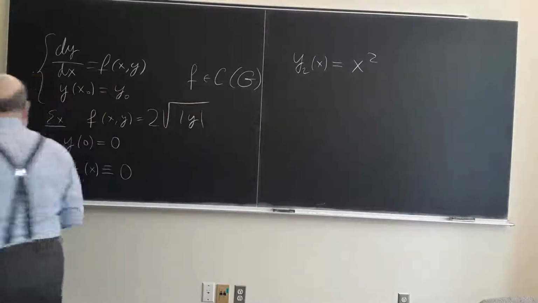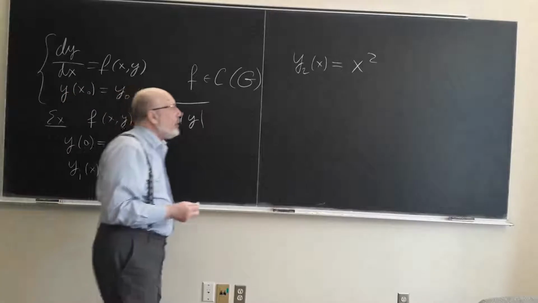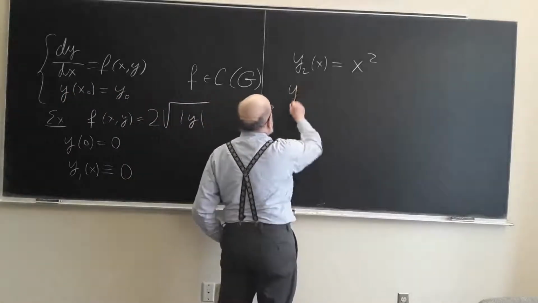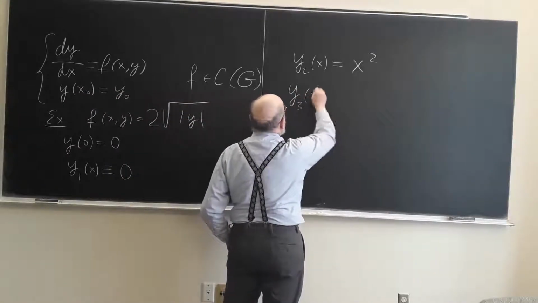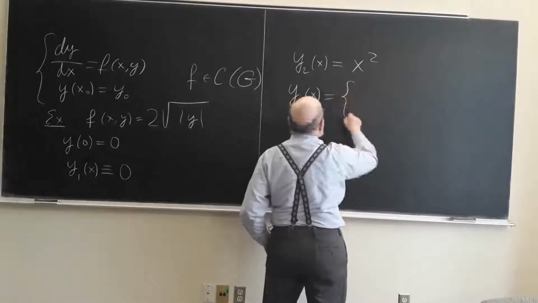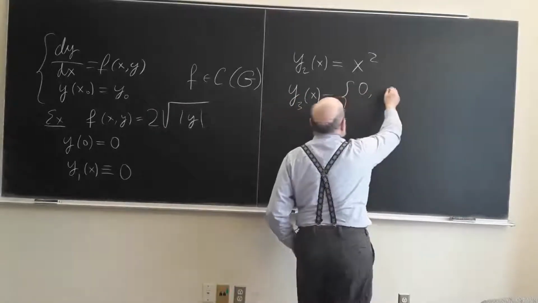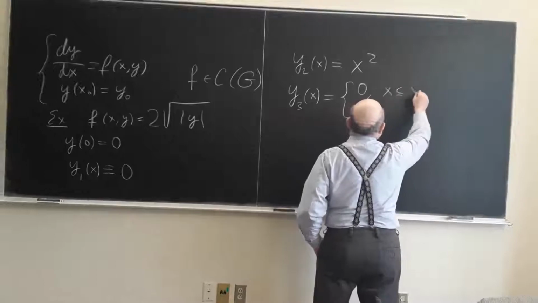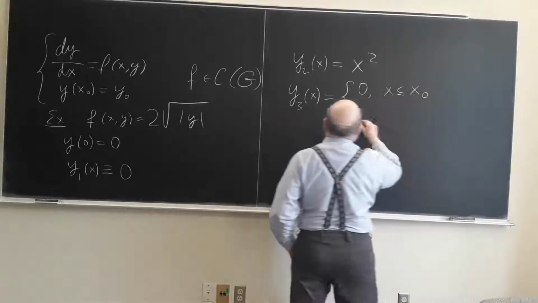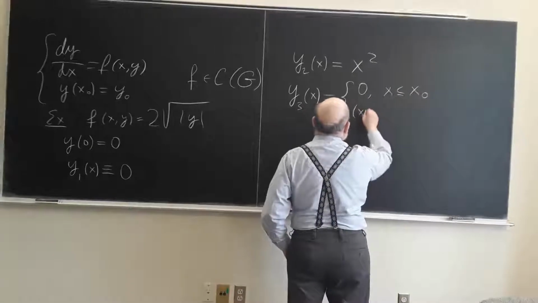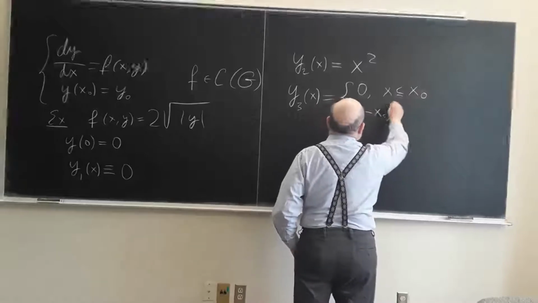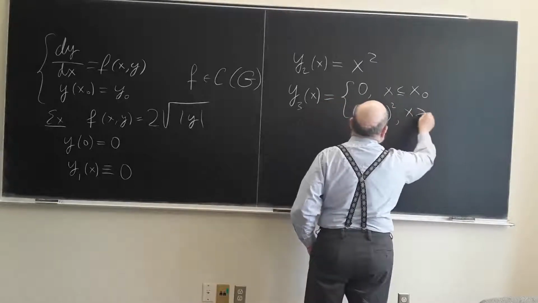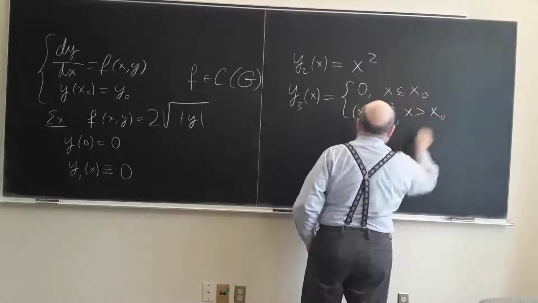And we can find infinitely many solutions. y3(x) equals, say, 0 for x less or equal than x0, and (x minus x0) squared for x more than x0.